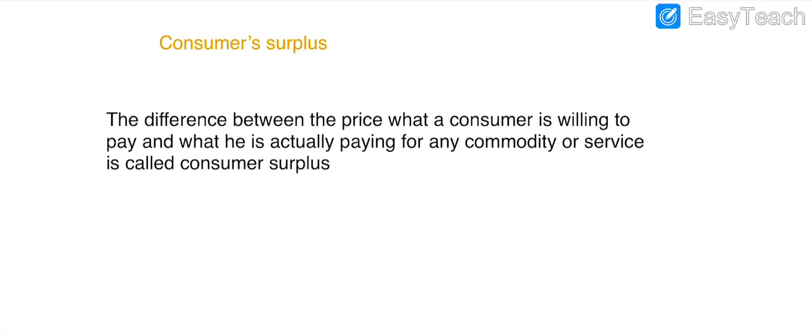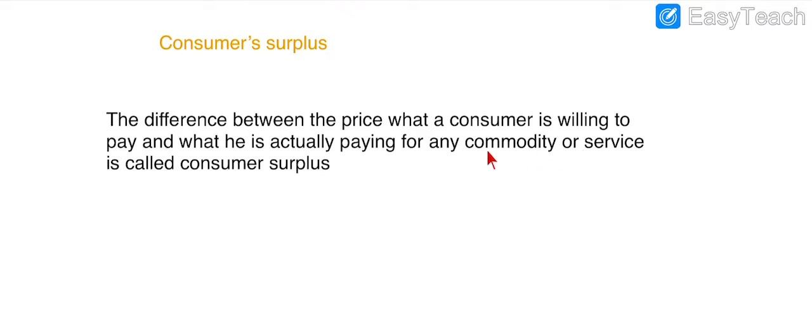Consumer surplus. What is consumer surplus? Actually, consumer surplus is defined as the difference between the price a consumer is willing to pay and what he is actually paying for a commodity or service.